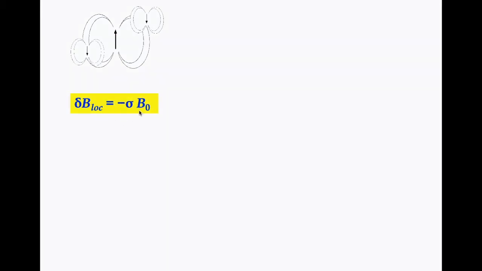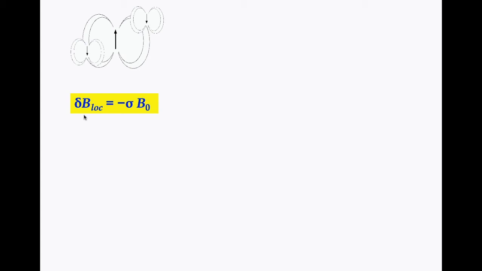In mathematics, the proportionality constant is normally replaced with some other constant. Here I replaced it with sigma, and the negative sign represents that the secondary magnetic field generated by the motion of the electrons opposes the static magnetic field.